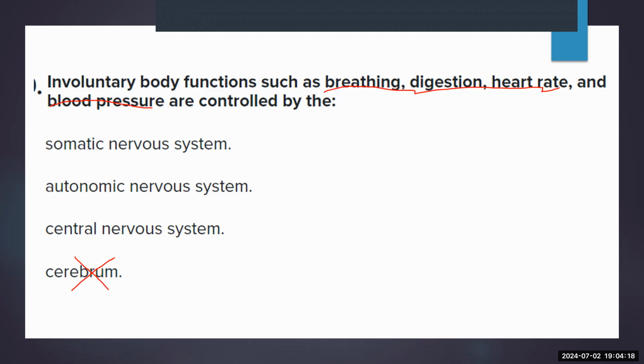I think it will be the central nervous system. Why would you pick that one? Because it has the word central. I think that is the home. What is the central part of your body?